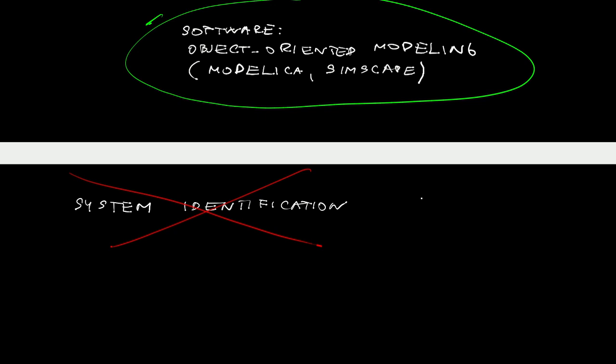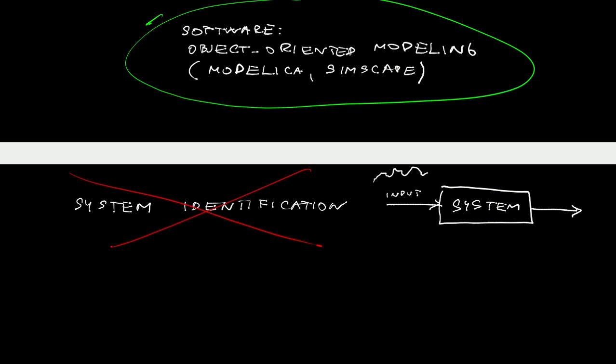If you are not familiar with this terminology, system identification is in fact a modeling methodology which is based on the data obtained in experiments. So if this is your system, you feed it with some input, which is some signal like this, and you observe and record the responses called outputs.